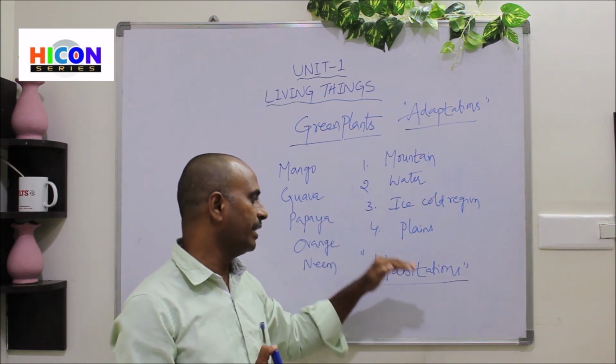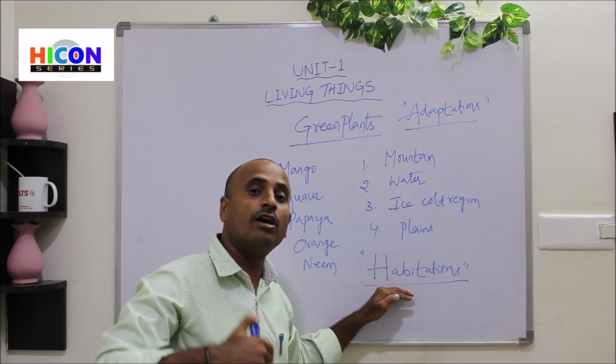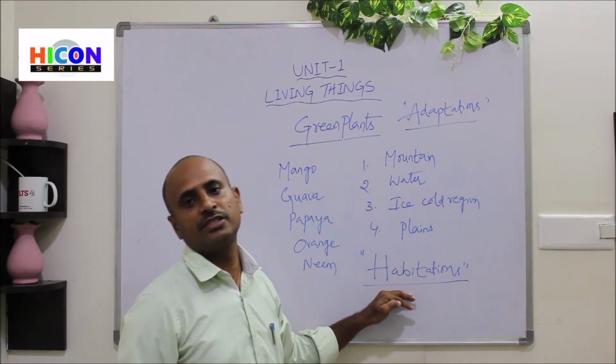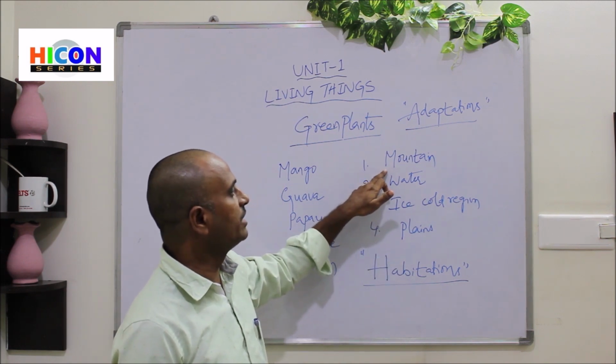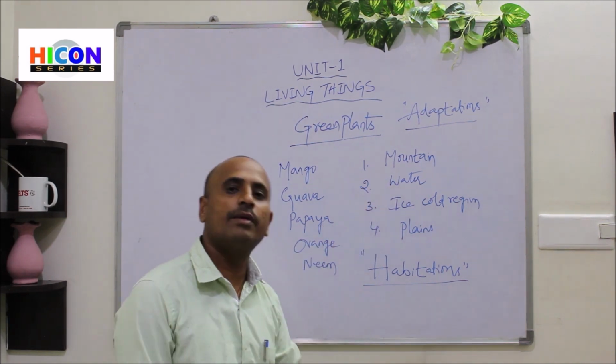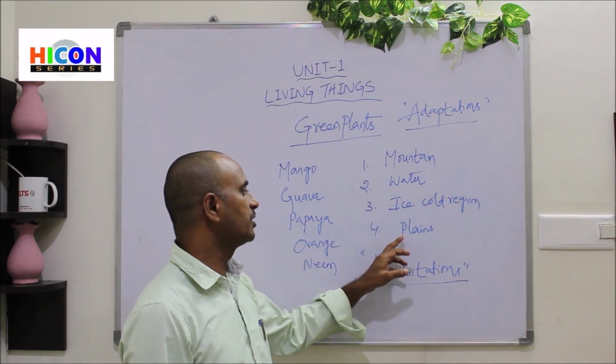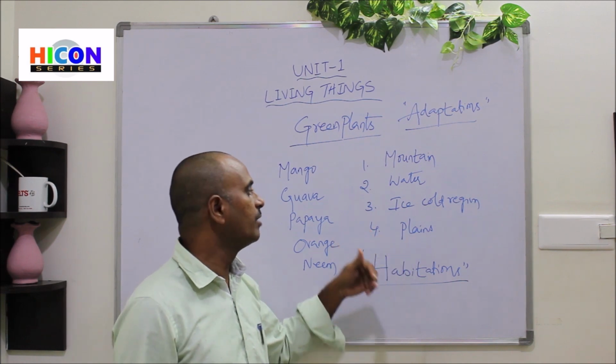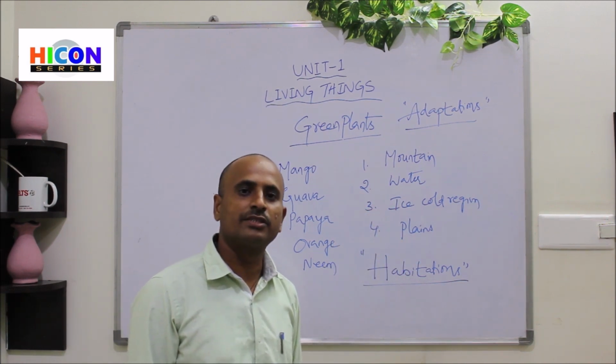The plants growing in one habitation cannot be grown in another habitation. For example, the plants grown in a mountain habitation cannot be grown in water habitations, and the plants growing in plains cannot be grown in ice-cold region habitations.